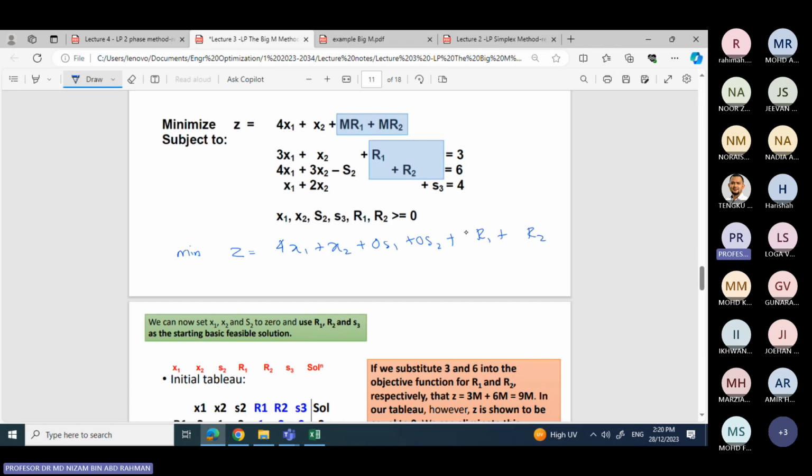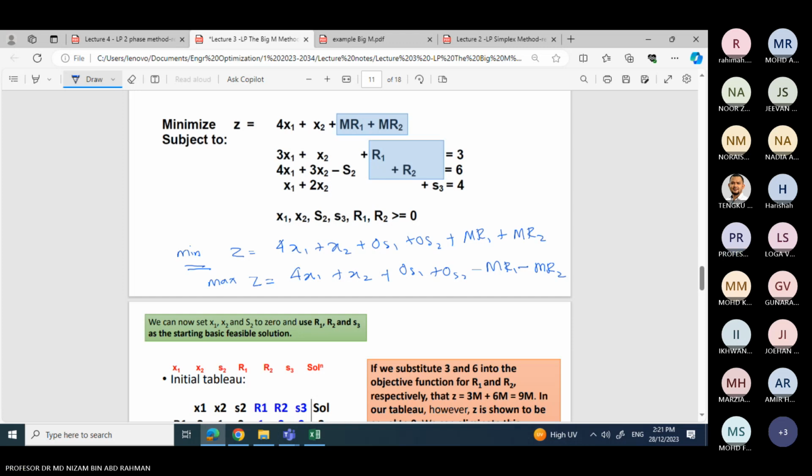The multiplier for R1 and R2 is big M. Since this is a minimization problem, you put plus M R1 plus M R2. If this is a maximization problem, then z would be 4x1 plus x2 plus 0s1 plus 0s2 minus M R1 minus M R2.